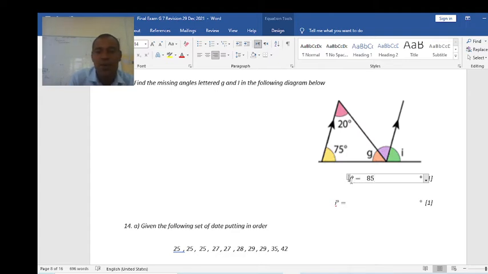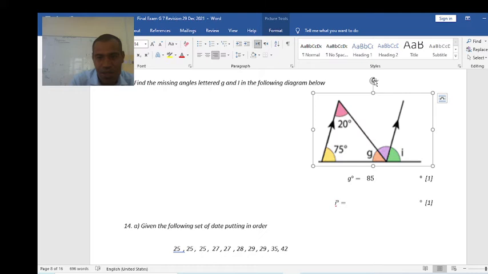Now, for this one, you can see these two parallel lines. These are parallel lines, and this is the transversal, the third line that cuts the two parallel lines. So this angle and this angle are called corresponding angles, because you can see this letter F. This is the letter F. I will just rotate it to see it again.